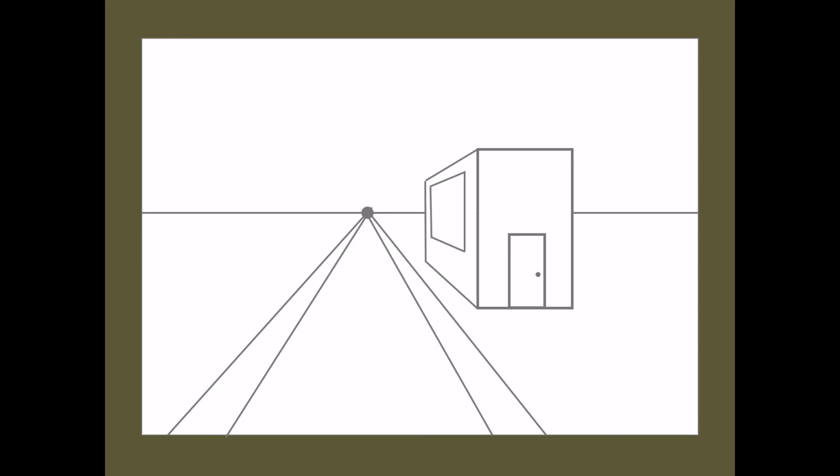Now let's try drawing a short building that's entirely below the horizon line. It's below eye level, so you'll be able to look down onto the top of the building. Draw a simple rectangle to start. To show that the building has depth, you'll need to connect the corners to the vanishing point.